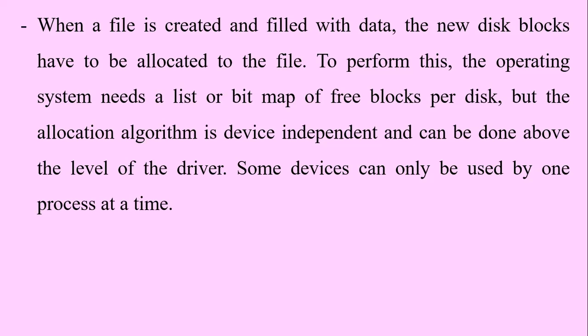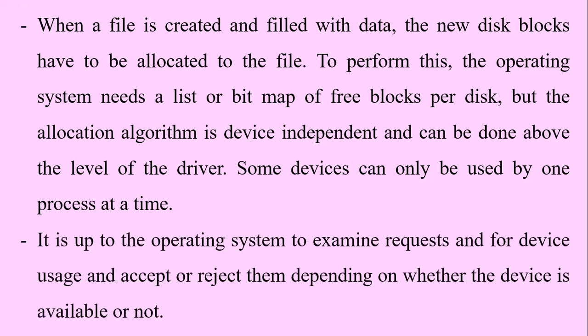Some devices can only be used by one process at a time. It is therefore up to the operating system to examine requests for device usage and accept or reject them depending on whether the device is available or not.